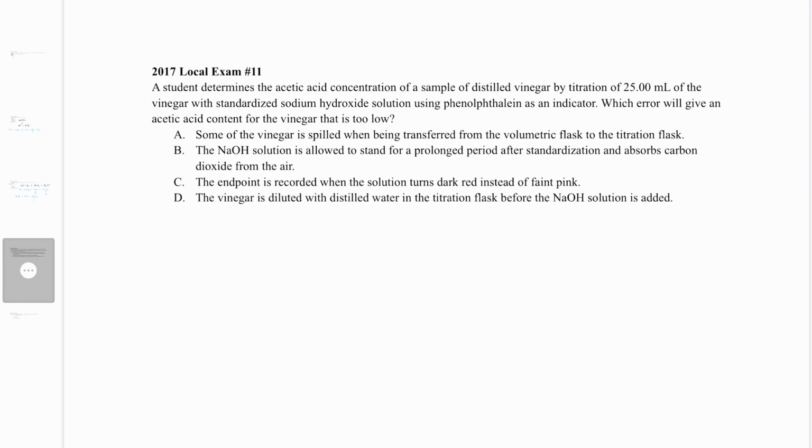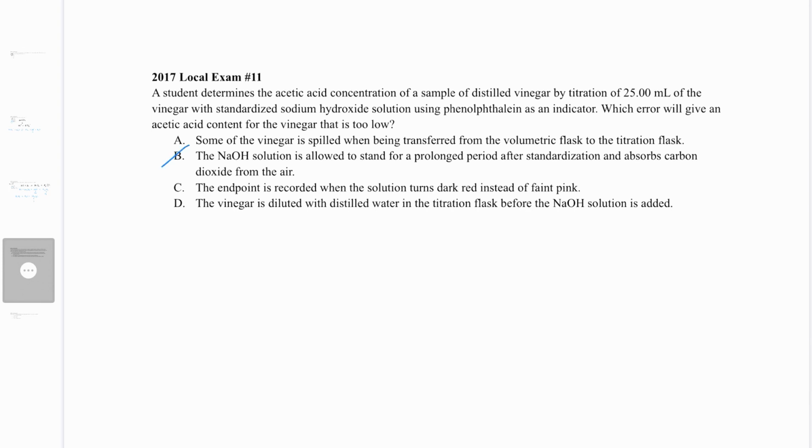This is going to give the illusion that you need more sodium hydroxide to titrate a certain concentration, and when you need more NaOH, it's going to inflate the concentration of the acetic acid. So that means B cannot be the right answer, since that'll make the acetic acid concentration too high.